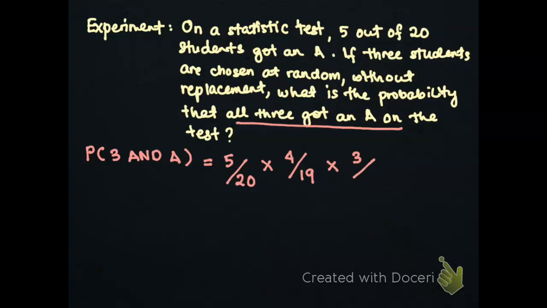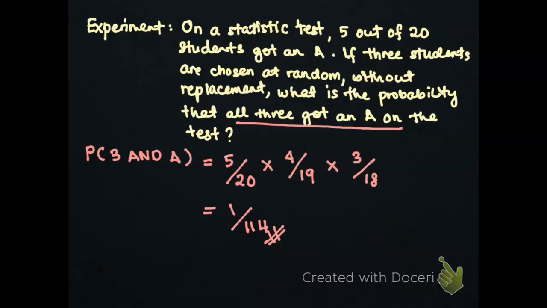It will become 18. So from this information, the probability that all 3 got an A on the test will be 1 over 114. So this is how you solve for a dependent event.